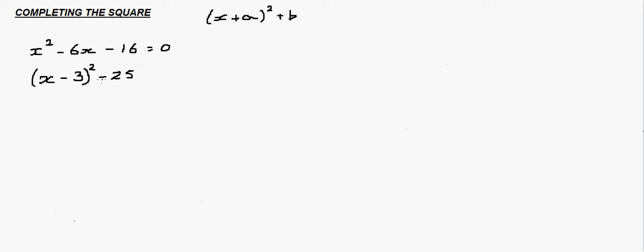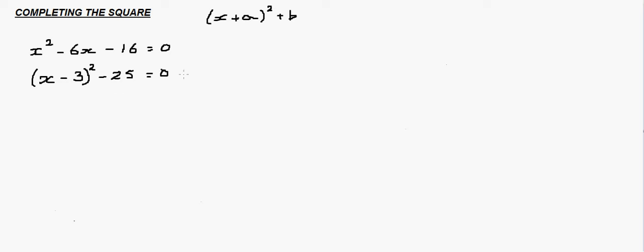Well, I would have to subtract 25, and this will equal 0. So in the first part of the question you can say that A is minus 3 and B is minus 25. So now all I do is I solve it in exactly the same way as I did before.